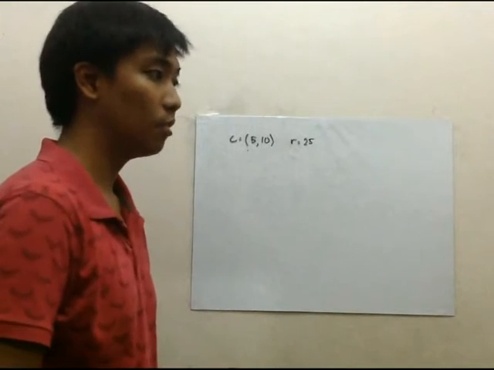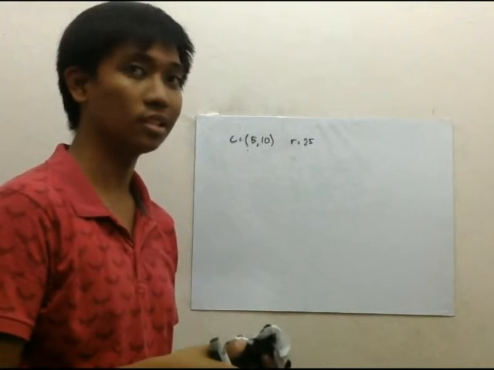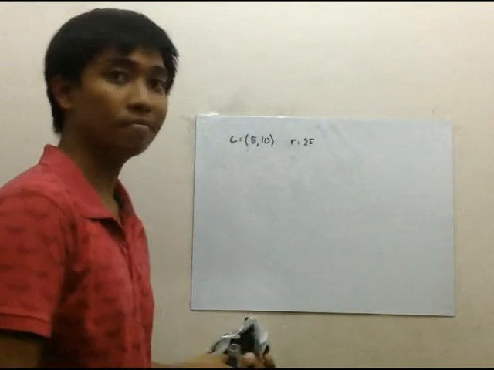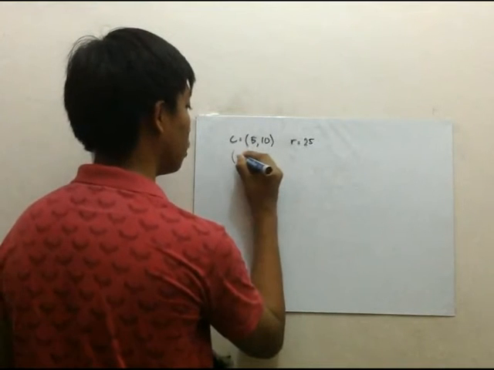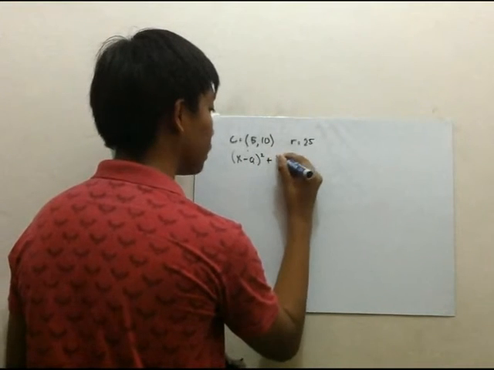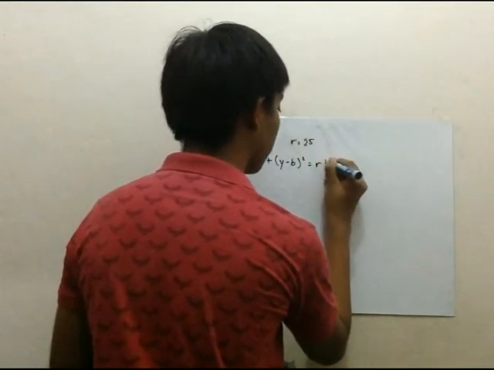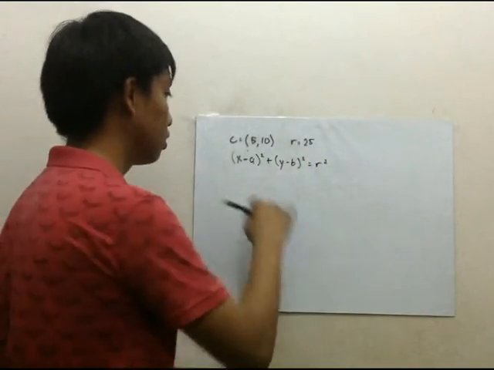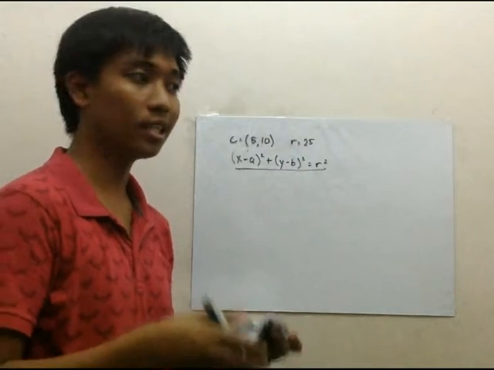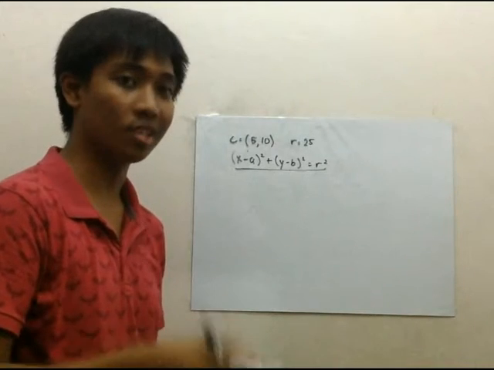So, in the first one, our equation is x squared plus y squared is equals to r squared. But in the form of quantity x minus a squared plus quantity y minus b squared is equals to r squared, this is the equation if the center of the circle is not in the origin.